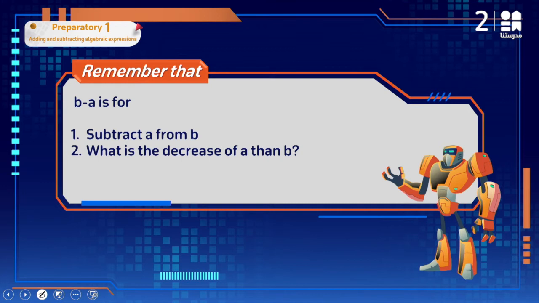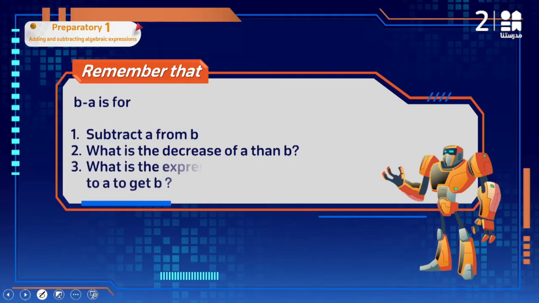So also we have to switch the order. It's b minus a. Keep that in mind, to switch the order in each one of them. And the third case is: what is the expression which should be added to a to get b? So also subtract, so b minus a.